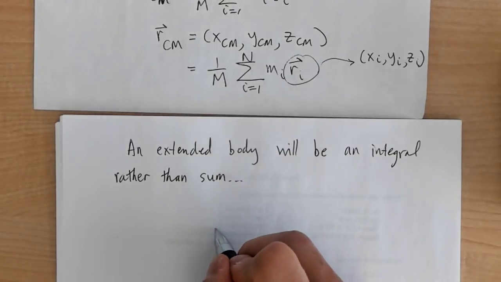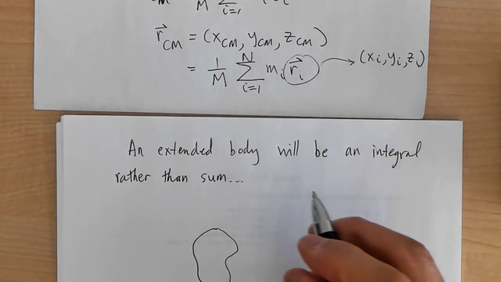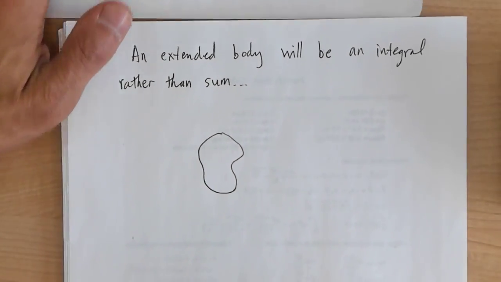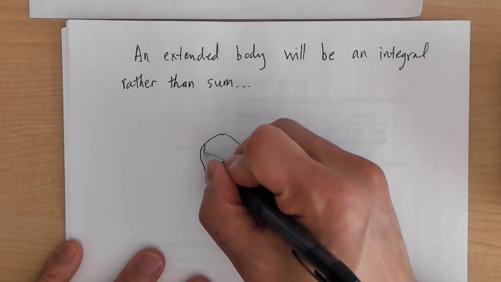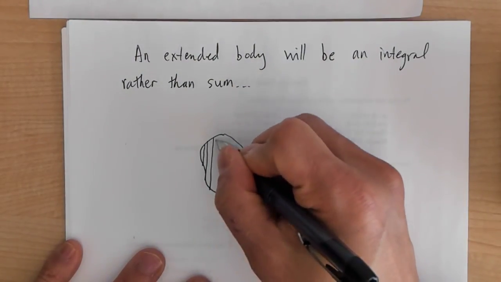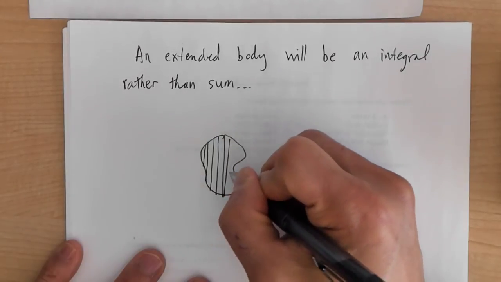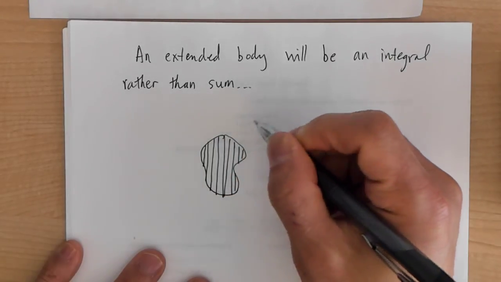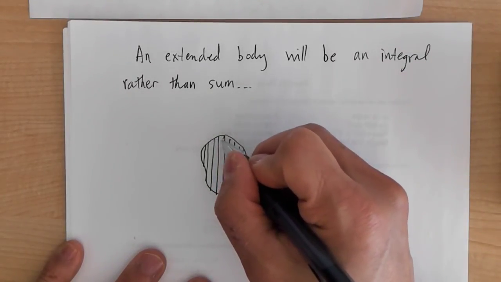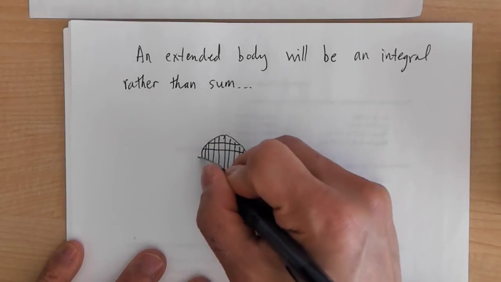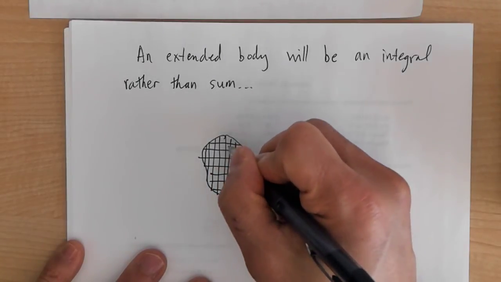So let's say we have some object like this that's made of some continuous material, and we want to find where the center of mass is. We would break it up into little pieces, and for each little piece you would have some little mass dm.